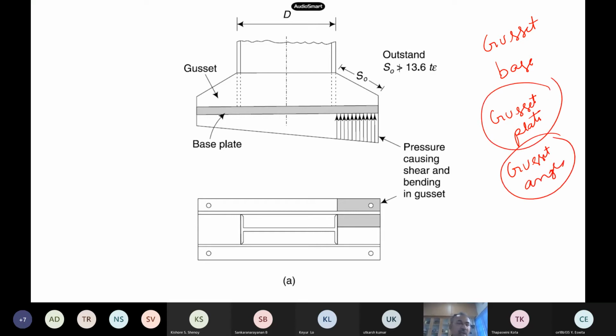Because the gusset plates carry more load and are very strong, the base plate thickness in a gusset base will be smaller compared to the slab base, because you have additional things coming from the gusseting. Here also a lot of guidelines have been provided.